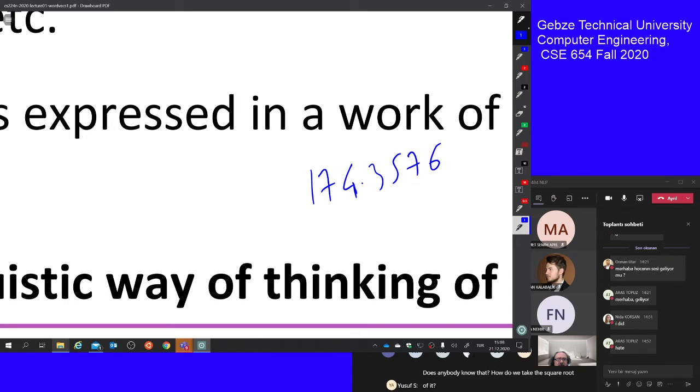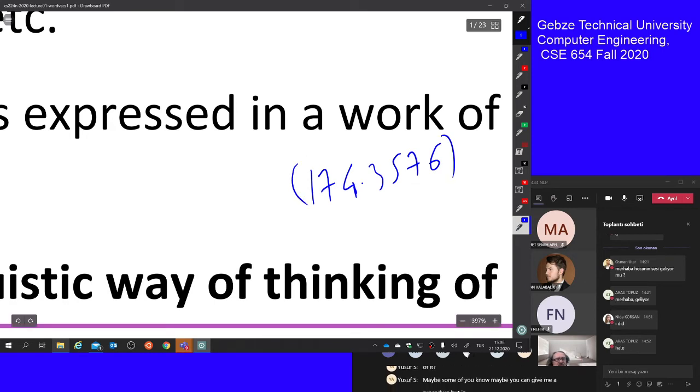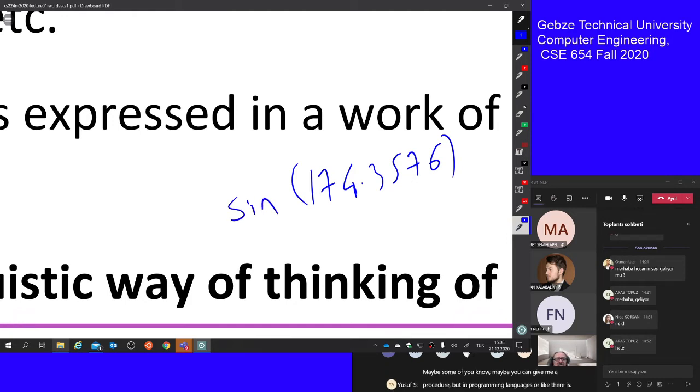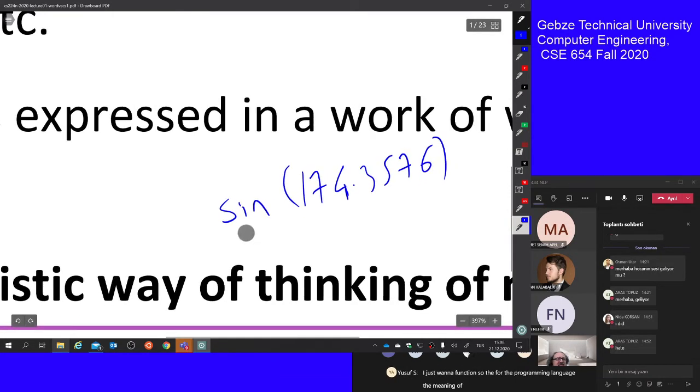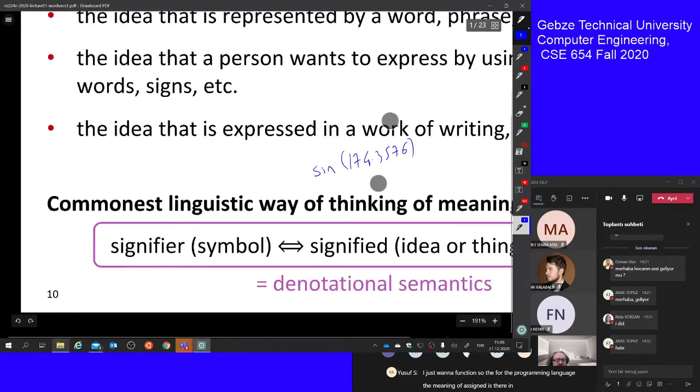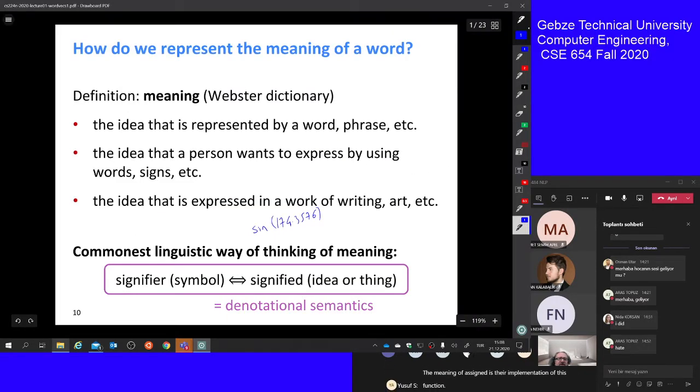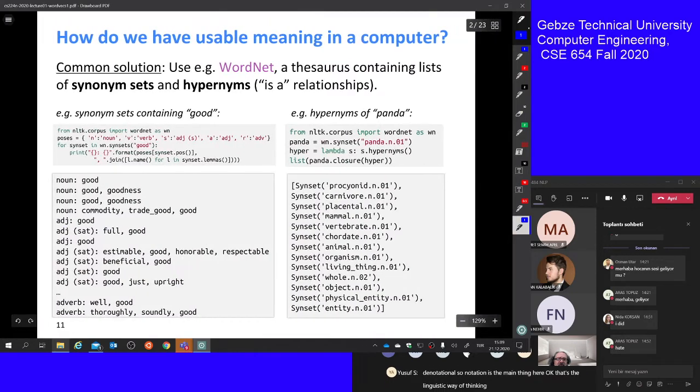Maybe you can give me a procedure, but in programming languages, all I do is just call a function. So for a programming language, the meaning of a sign is the implementation of this function. That's called denotational semantics. The meaning of that thing is the implementation. That's the linguistic way of thinking about the meaning.